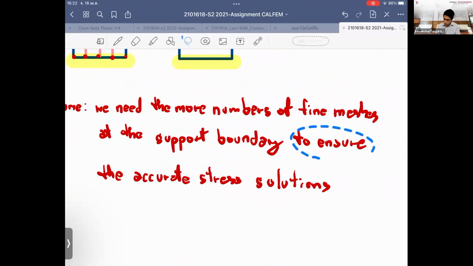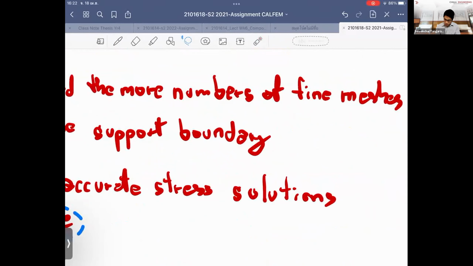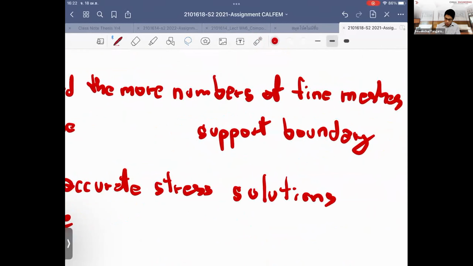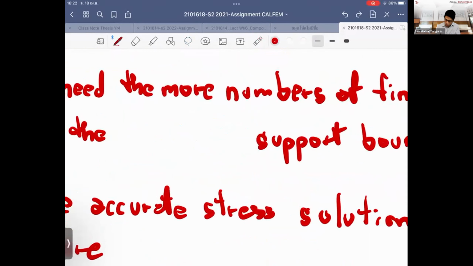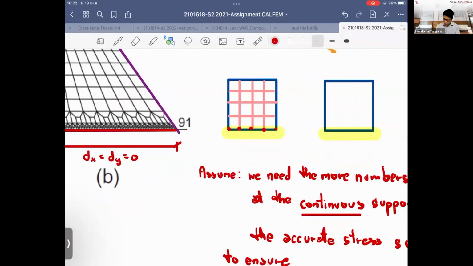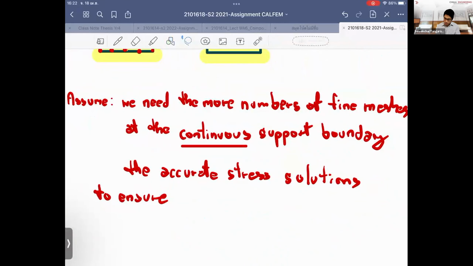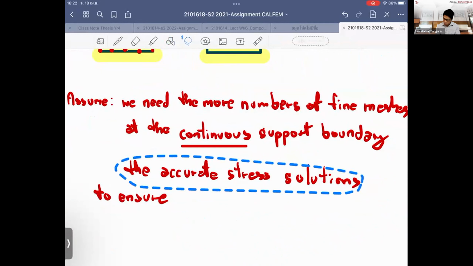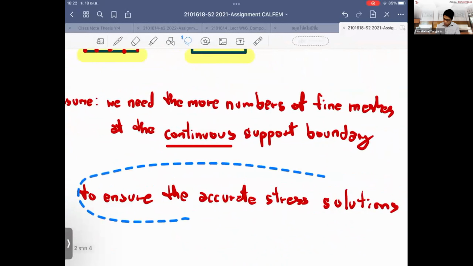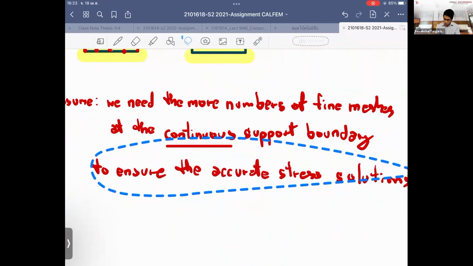So let me just rearrange this. You say this is continuous, and I emphasize here, this is to ensure that.